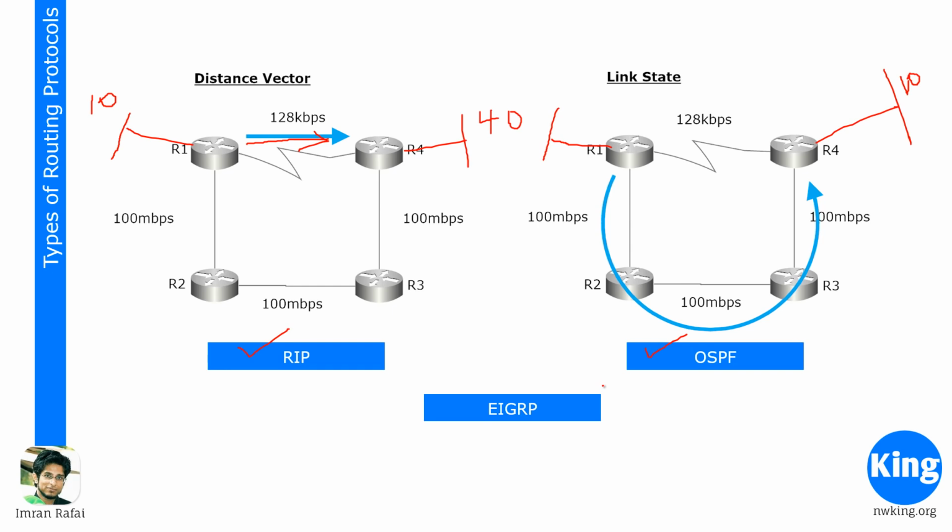Since we are part of the Cisco industry now, talking about Cisco CCNA, we will learn about EIGRP and see why it is very good. EIGRP takes what is good about distance vector and also what is good about link state, and creates a hybrid routing protocol, and that is why it is beautiful. We will look at it a little later in the series.